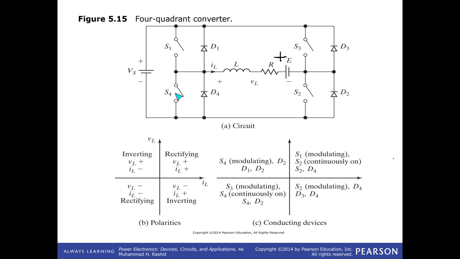When you put this switch off, what's going to happen? Stored energy goes back to your source through D1 and D2. So that kind of current you can flow. So on and off, you can run the system in opposite direction as well.